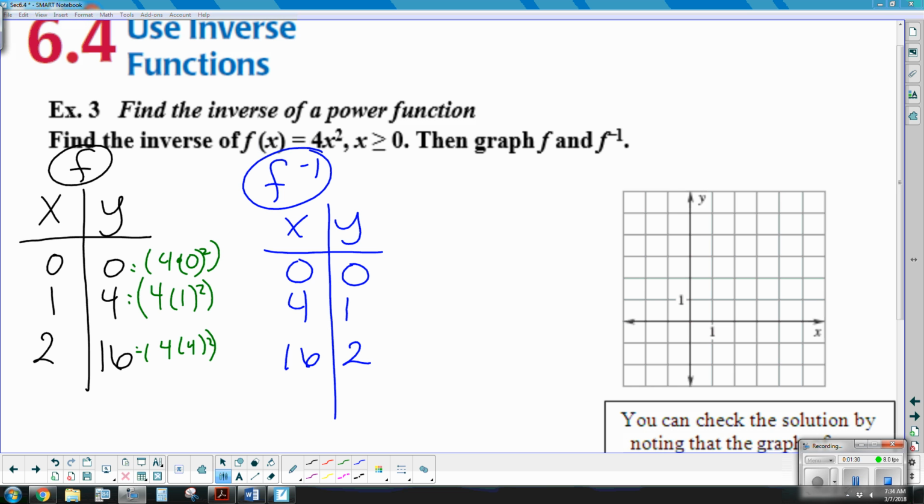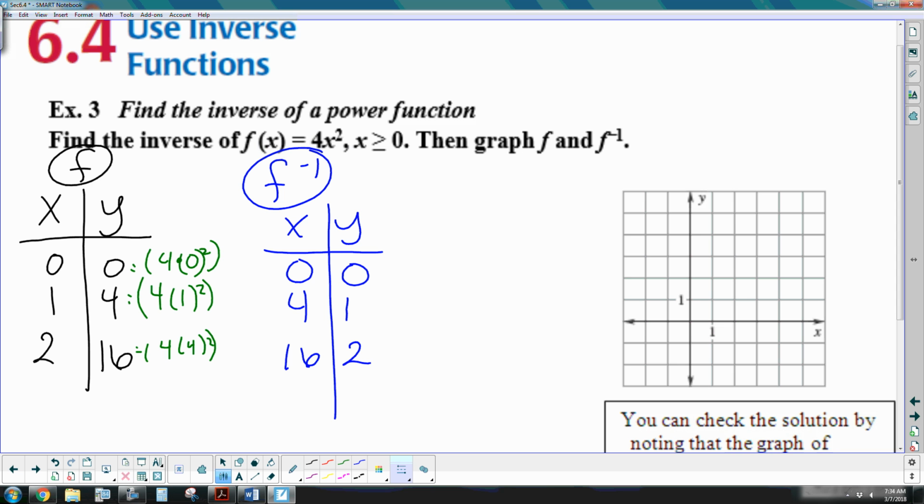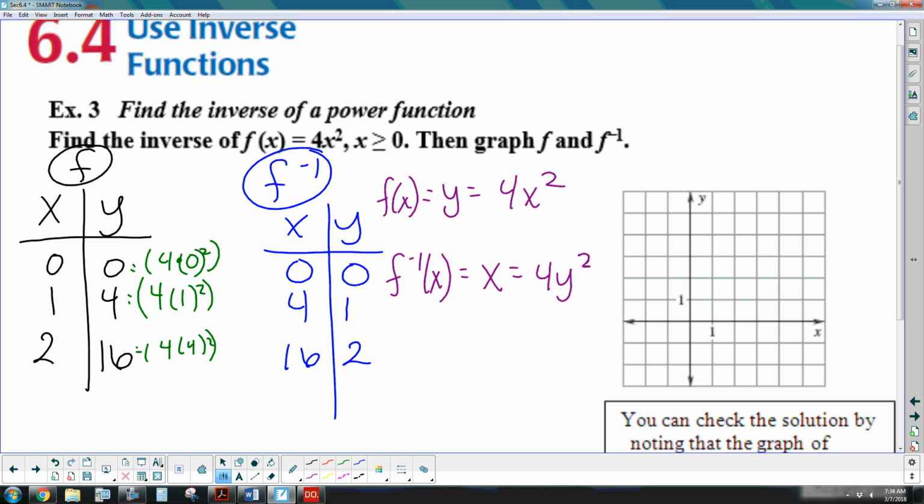But actually, we're being asked to find the inverse function, so we need to switch the x and the y values in the equation. Right now we have y equals 4x squared for f of x. So the inverse of the function is x equals 4y squared, and we need to solve for y.